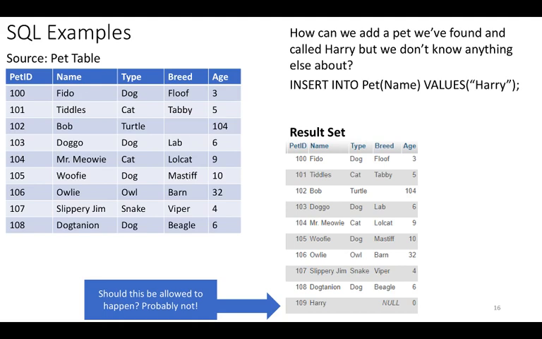When we do schema design, one of the things we concern ourselves with, if you remember from our data dictionary, is whether a field is required, yes or no. When I put this schema together, I did not set any of these fields as required, so there's no error. But we can have the database reject records that lack certain values, and we'll see that later. For the moment, we insert into pet name, values Harry, and it just appears at the bottom.